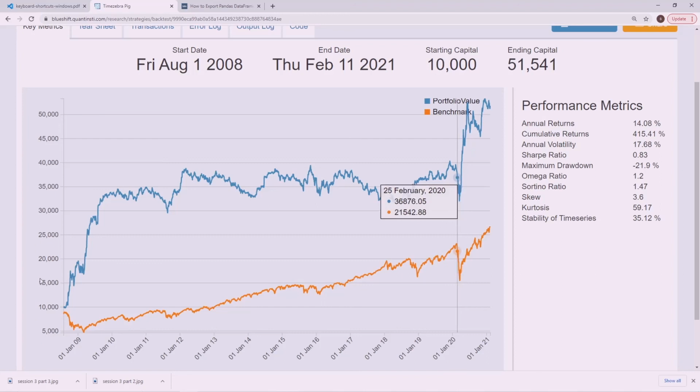Basically you had the Great Recession with the financial crisis, and then you have here the pandemic. Again, the annual returns, you see the performance metrics over here on the right, just a tick over 14% annually. Volatility is pretty high. Sharpe ratio under 1. Drawdown is 22% max.